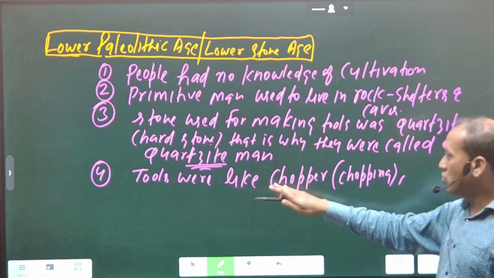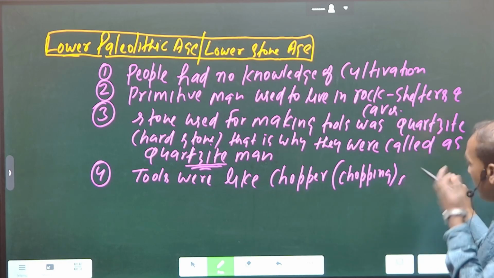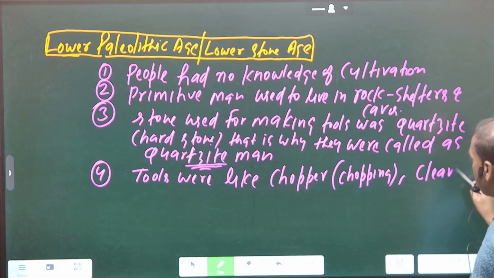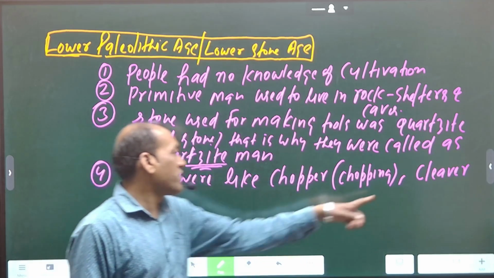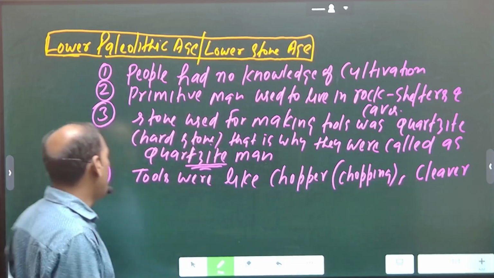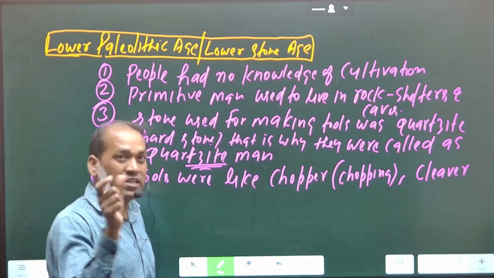Tools were like chopper for chopping. Okay, cleaver. So the tool of cleaver was used for skinning the skin of animal.